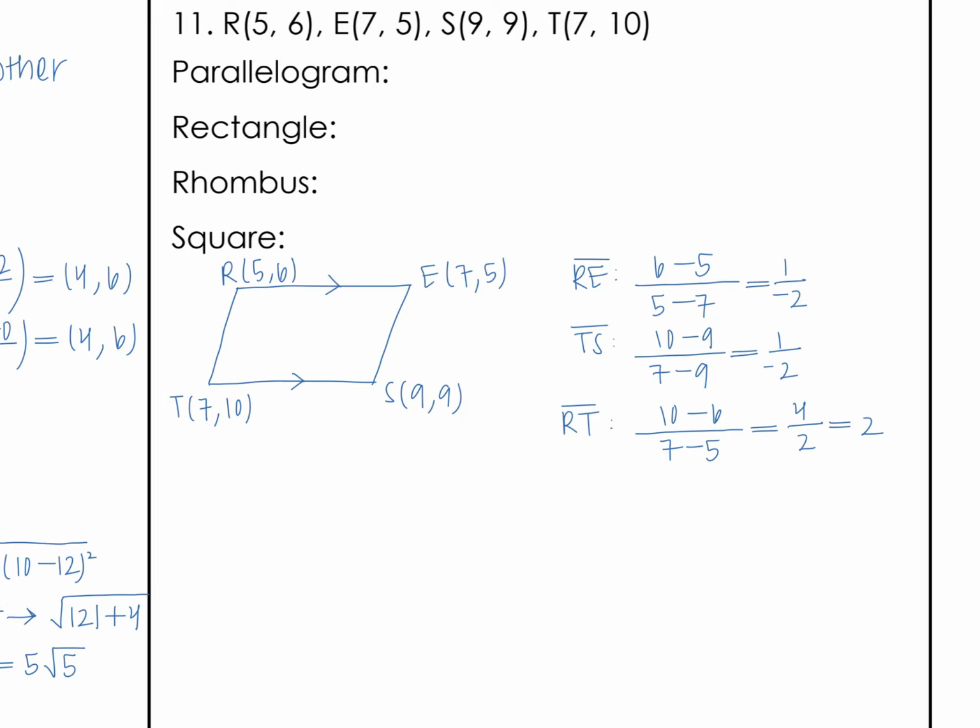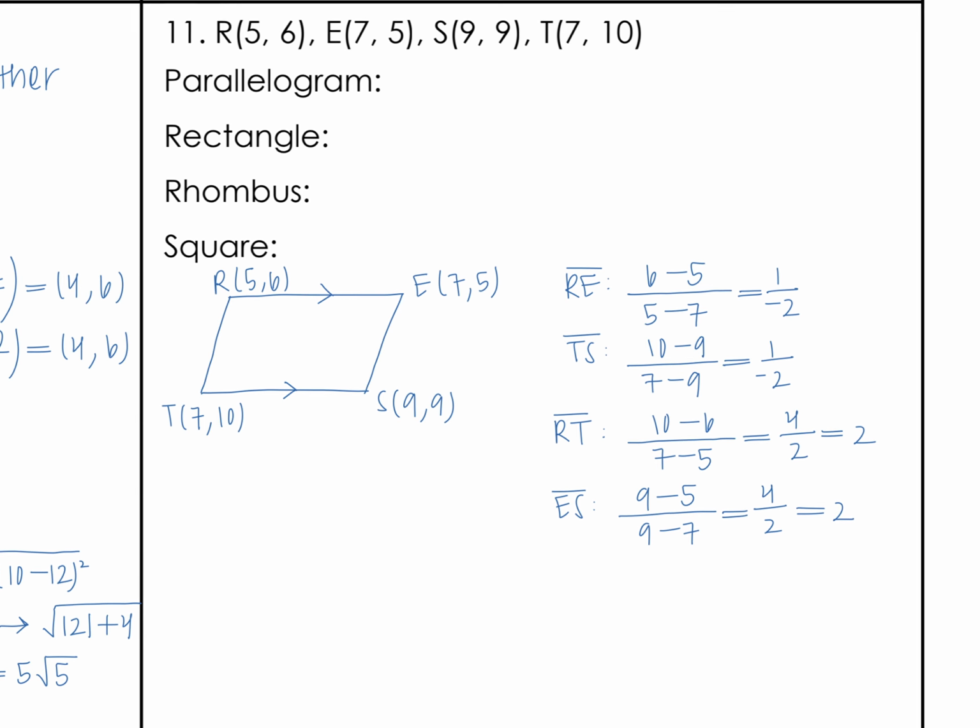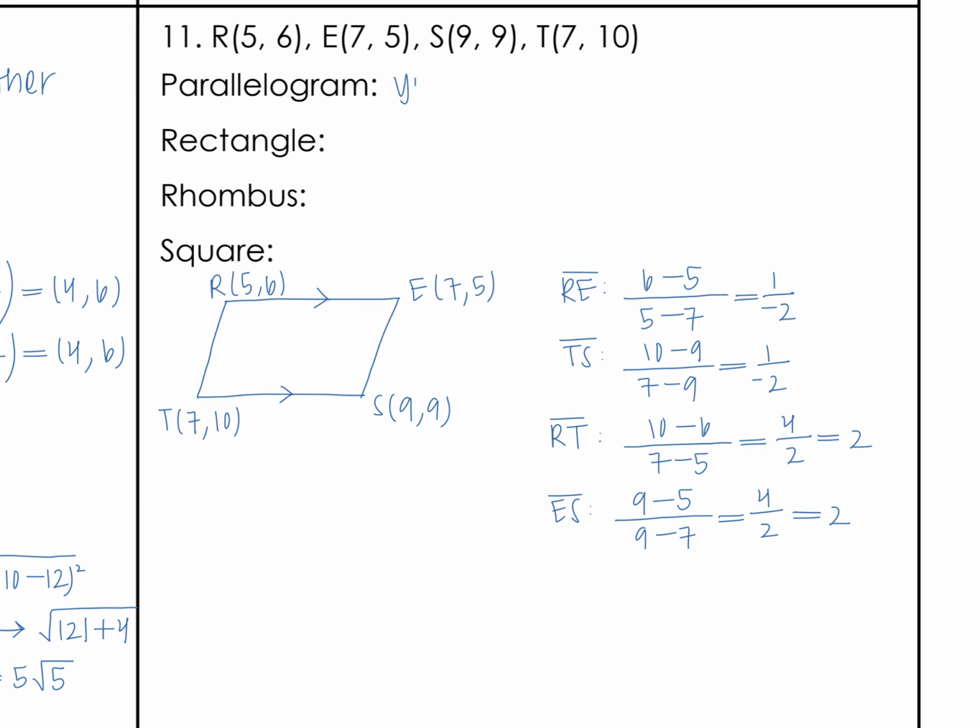And then for ES, we'll have 9 minus 5, and then 9 minus 7, which is going to give me 4 over 2 again. So I get a slope of 2. So my answer is yes, this is a parallelogram. Okay, remember, both pairs of opposite sides are parallel.